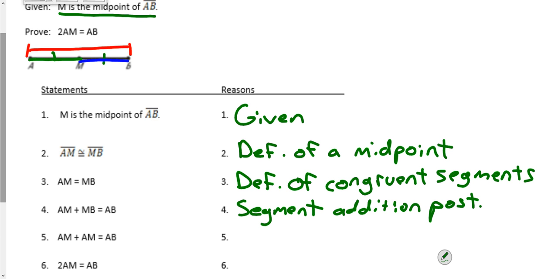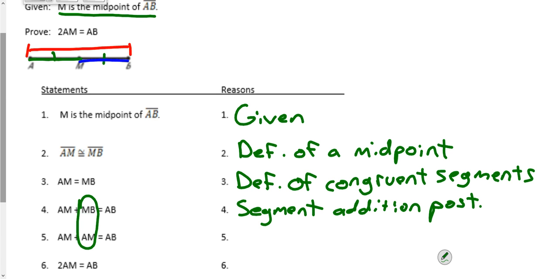Next we have AM plus AM equals AB. So if we look at specifically number 5 and number 4, what changed to get from number 4 to number 5? The only thing that's different is that second thing that we're adding, MB and AM.